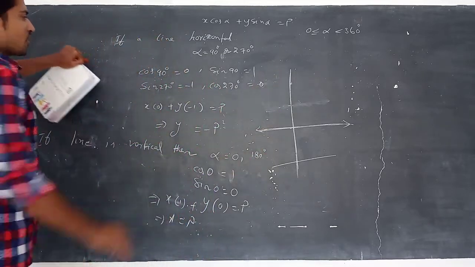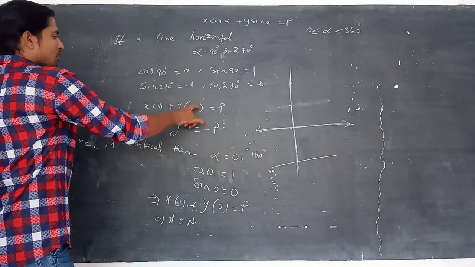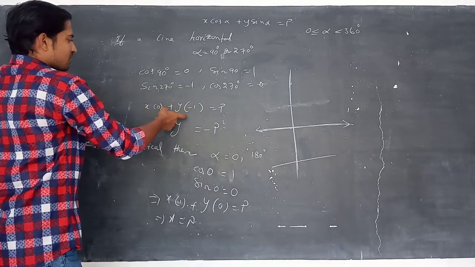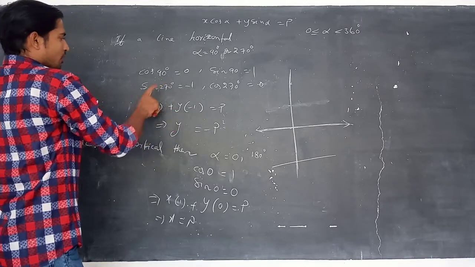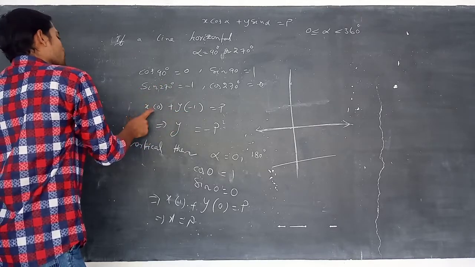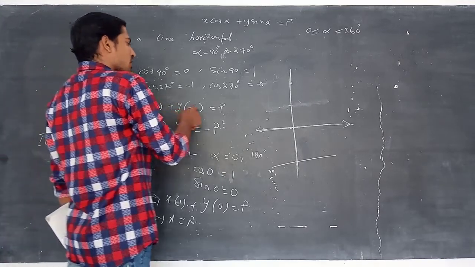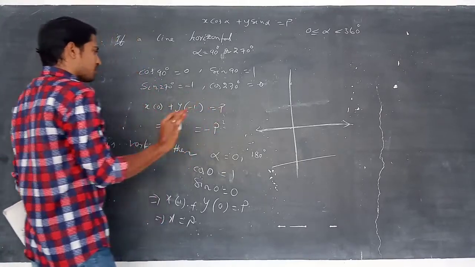So cos 270 equal to 0 and sin 270 equal to minus 1, and y is equal to minus p.